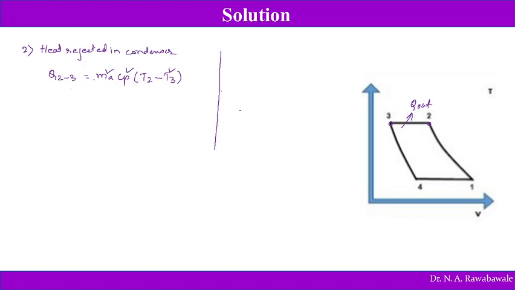So to find T2, applying the polytropic law to process 1, 2, PV raised to gamma is equal to constant. So we write this as T2 divided by T1 is equal to (P2 divided by P1) to the power of gamma minus 1 divided by gamma. We know T1, P2 and P1, so only T2 is unknown.